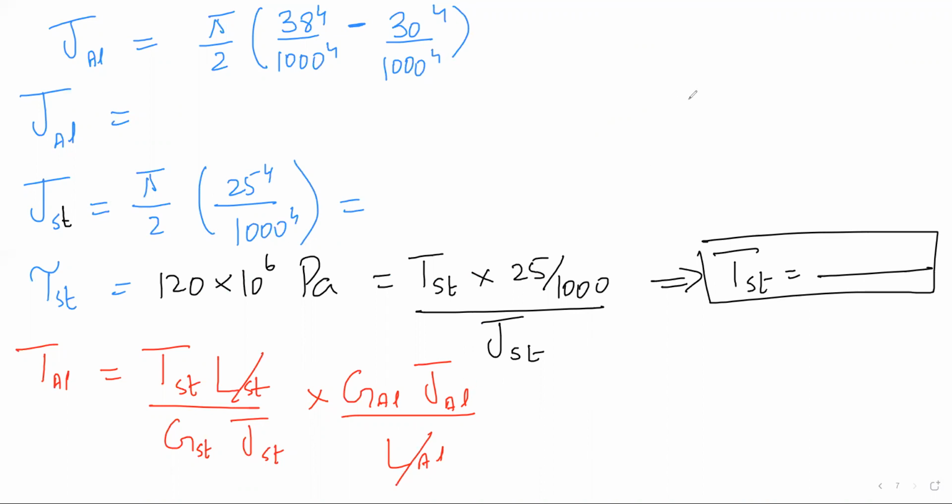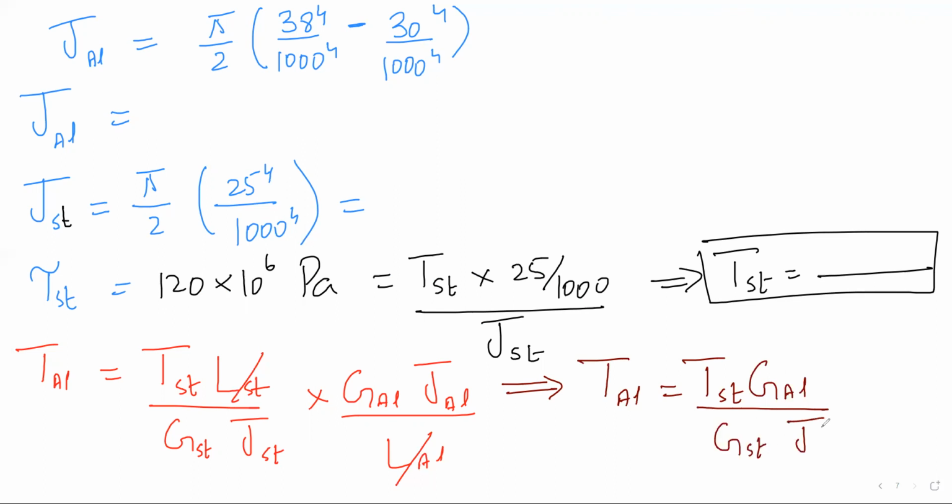So from here you can find T aluminium is equal to T of steel that you just found multiplied by G aluminium J aluminium over G steel J steel. Give me the value.